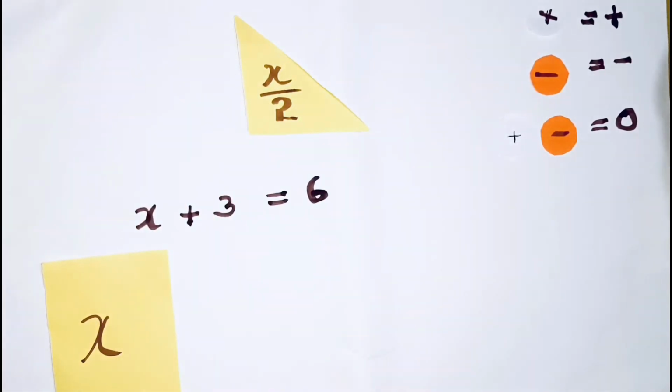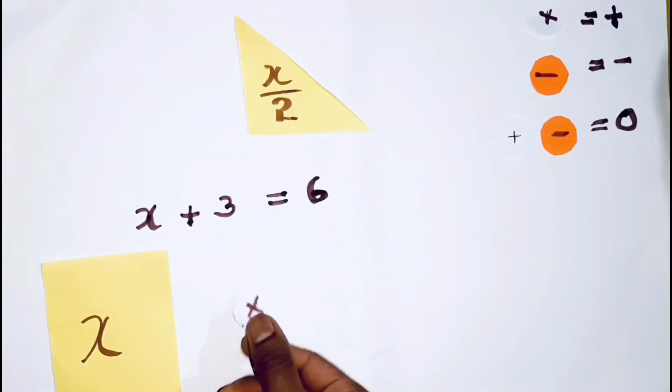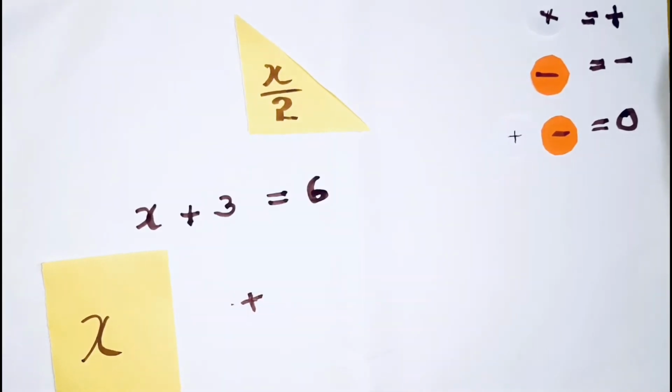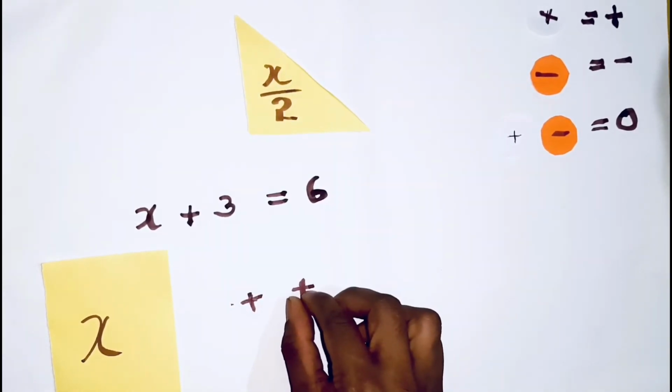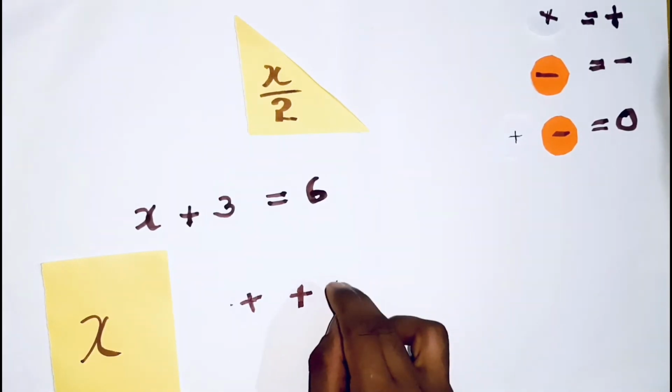x is the rectangle over here, and 3 positive counters, plus 3: 1, 2, 3.